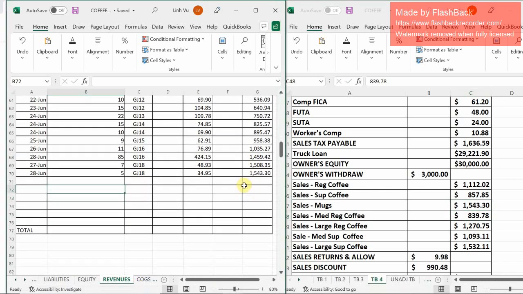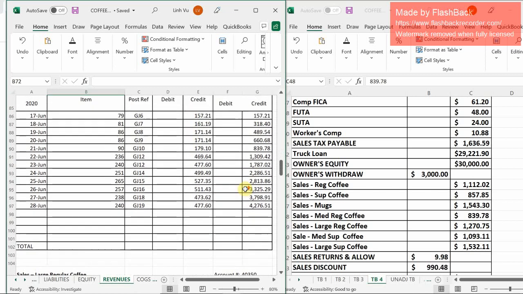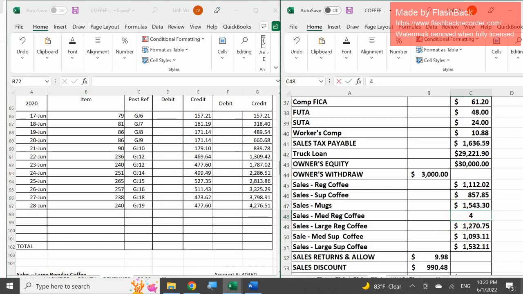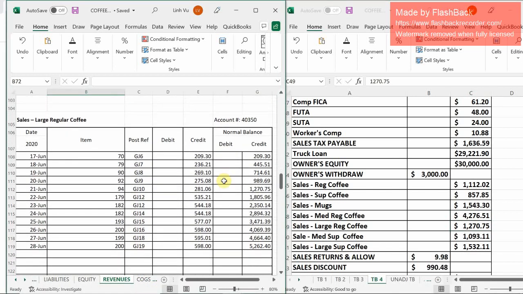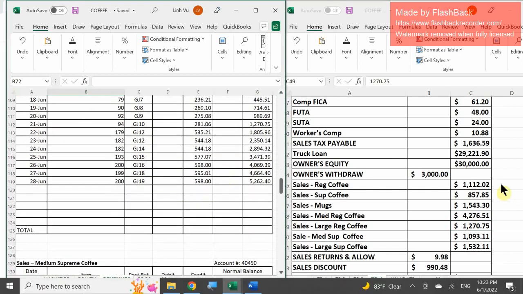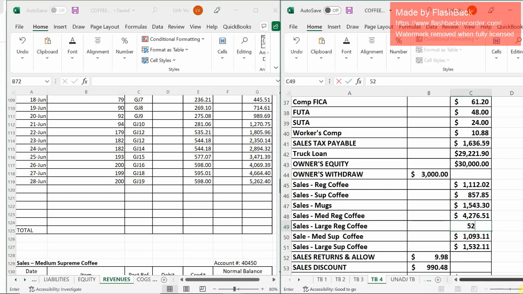Okay. Our sales for the medium regular coffee, we have a grand total of $4,276.51. Okay. Our large regular coffee is currently at a total of $5,262.40. Okay.